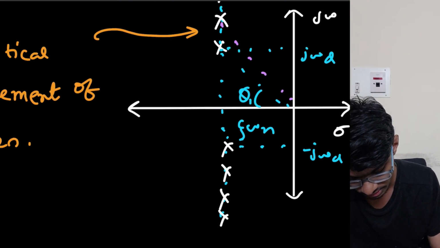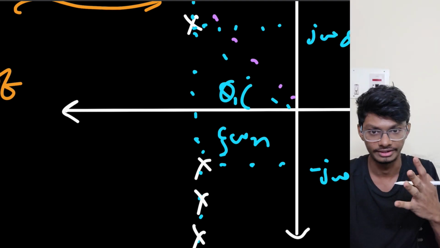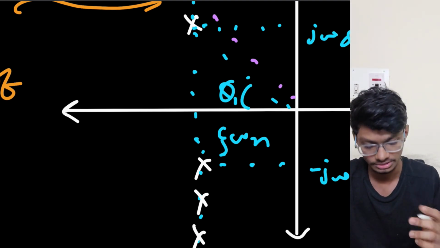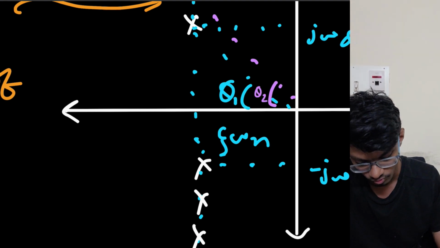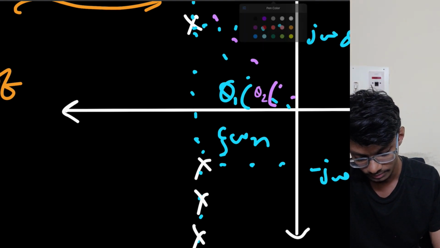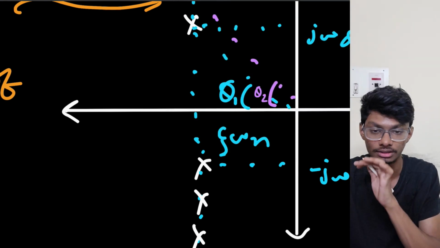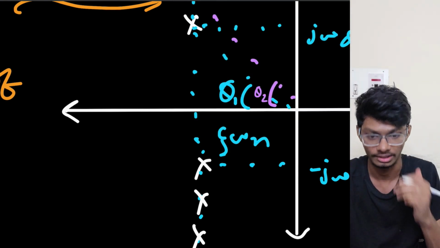Now let's say this is the next location, the second location of the pole, with theta 2. Okay, I will choose 3 poles and compare those 3 poles and the time domain parameters.